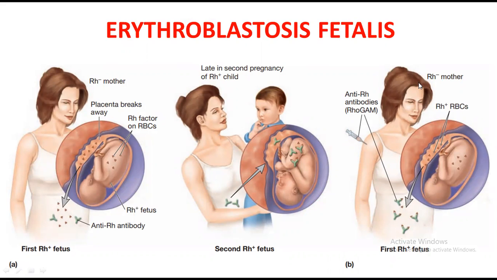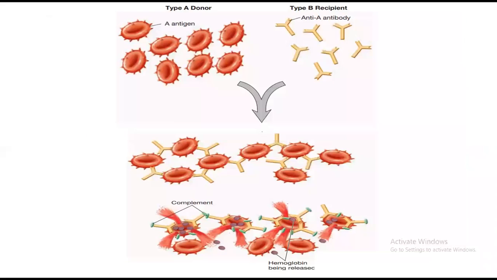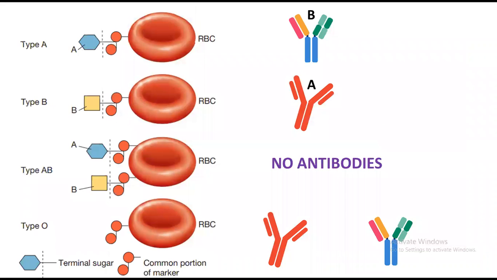This negativity lies on a specific type of antigen that is present over the RBC, and that antigen is known as the D antigen. If that antigen is present over the RBC, we can say this person is A positive, and if it is not present, we can say that it is A negative.